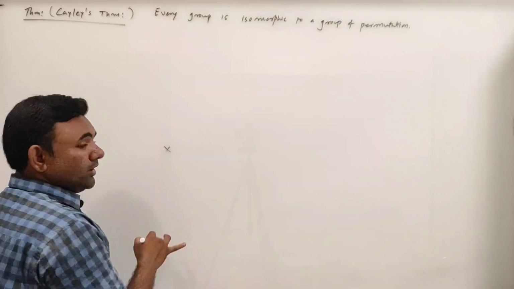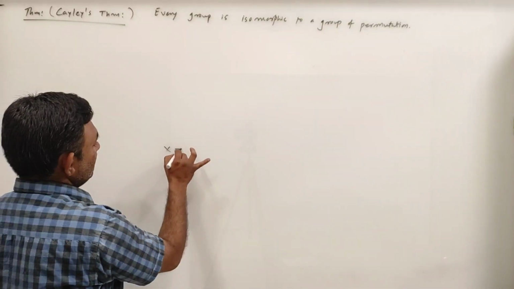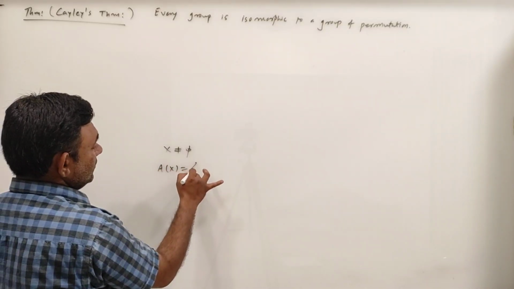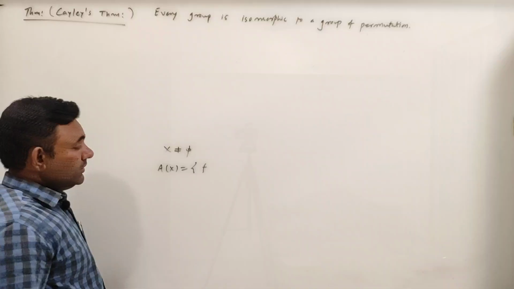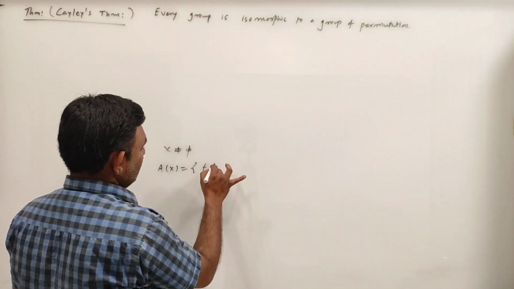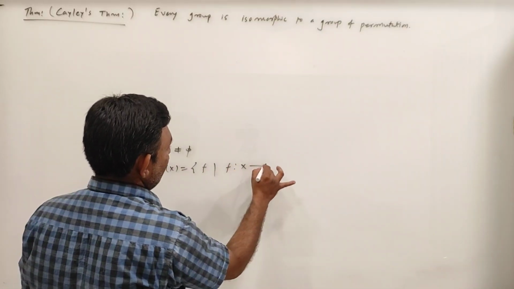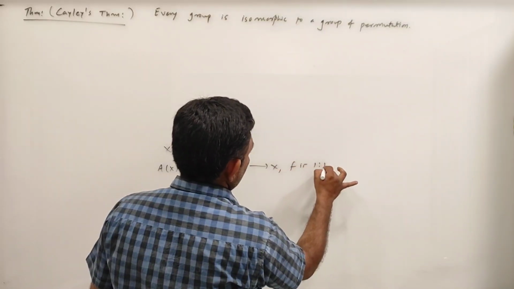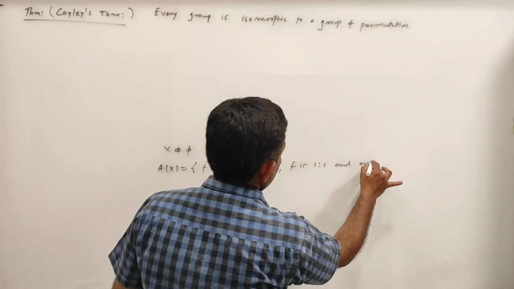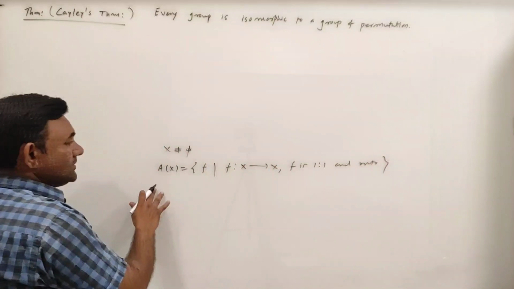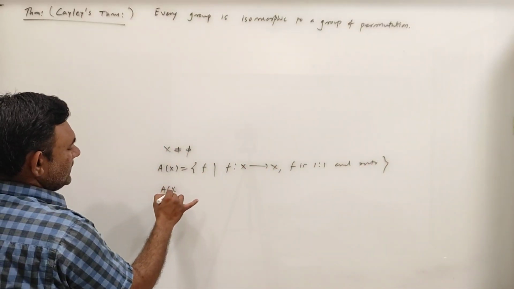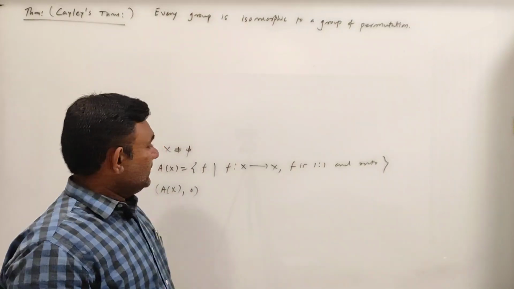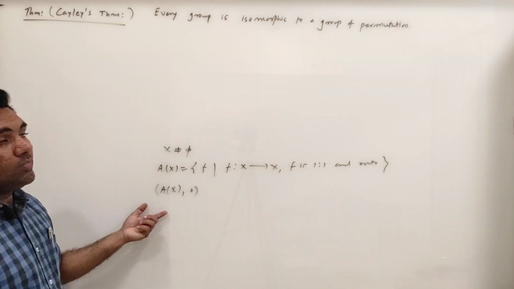Let X be a non-empty set. Then you consider AX. AX is the set of functions F such that F is a mapping from X to X, and F is 1-1 and onto. Then this set AX with the composition of functions forms a group, and this group is called the group of permutations.